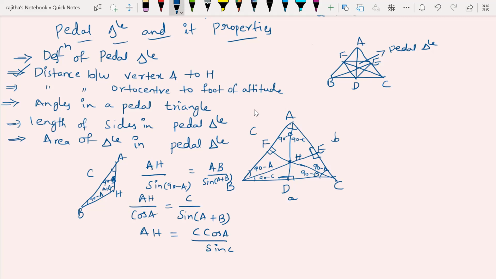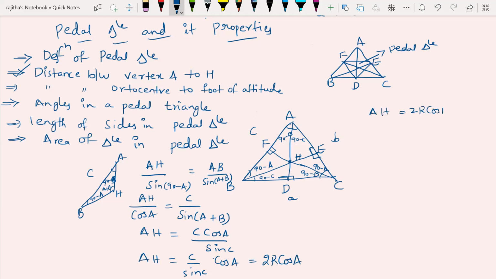Because A plus B plus C is 180 degrees, so A plus B is equal to 180 minus C. Applying sine, you get sine C. AH is equal to c by sine C into cos A. c by sine C is nothing but, from the sine rule, 2R. AH is 2R cos A.